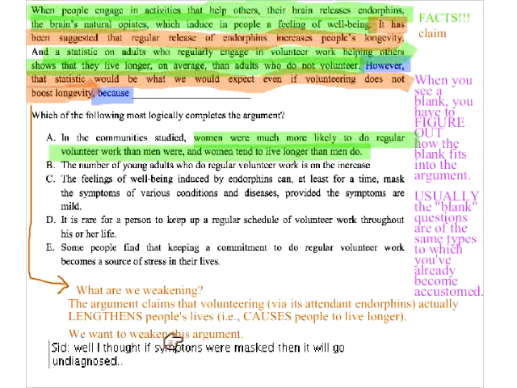What you're trying to show is that you're trying to directly address the issue of volunteerism, not so much the issue of endorphins. So what this is doing is arguing about a minor point regarding endorphins, but it's not addressing the main point of the argument, which is whether volunteerism causes people to live longer or not.